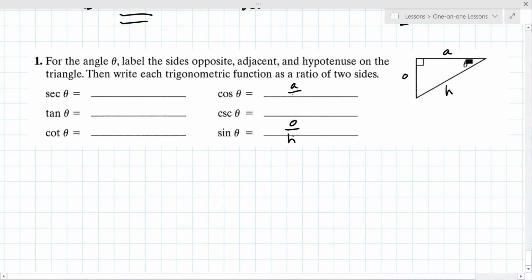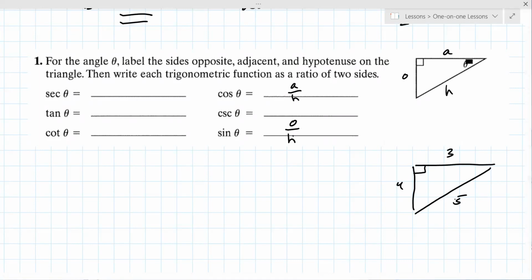Cosine is adjacent over hypotenuse. So they just want you to write those. If you don't like that, let's give them numbers: 3, 4, 5, because 3 squared plus 4 squared equals 5 squared. So it would be 4 over 5 and 3 over 5.